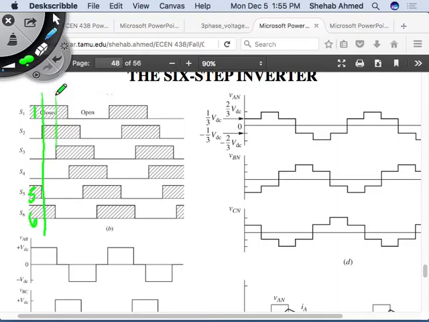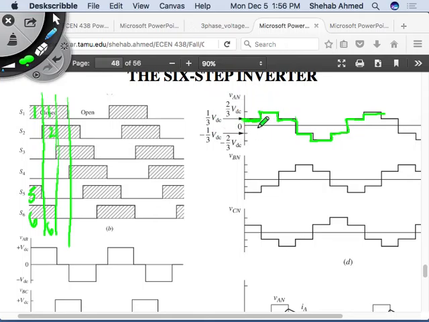Go through the next one where 1, 2, and 6 are on, do a similar exercise, and you will see that across phase A, now I have 2/3 VDC. Then I go to the next switching state, I get 1/3 VDC, and so on and so forth.